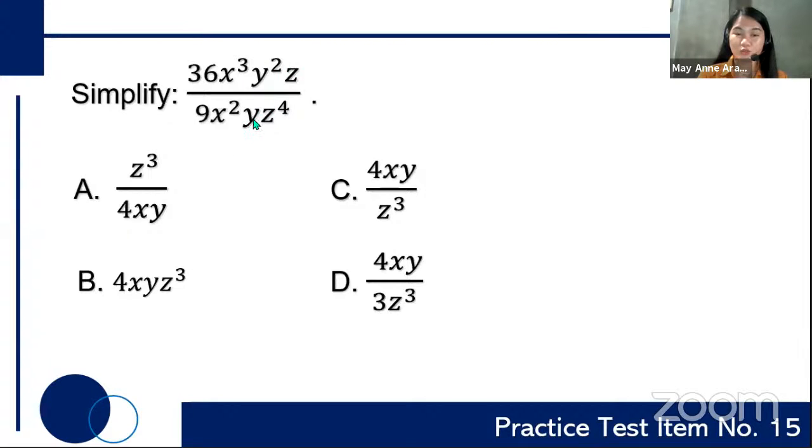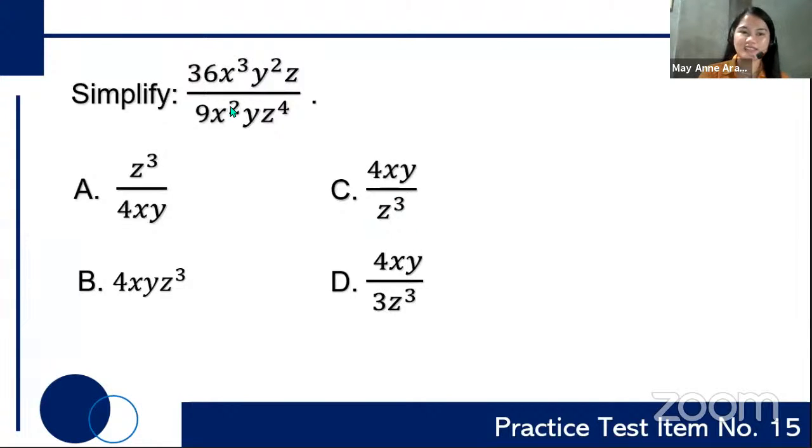Okay, compare nyo to. Anong sabi ko kanina? Kapag yung exponent ng variable na nasa denominator ay mas mataas compared dun sa numerator, may maiiwan siya sa ilalim. So, dito, yung exponent ng z sa numerator is 1, and sa denominator naman is 4. So magiging siyang 1 minus 4 is negative 3. So, maiiwan siya sa baba.